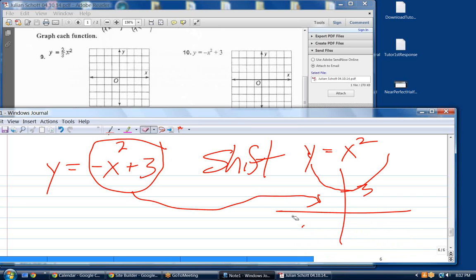I want the reflection first and then the shift, moving everything up so that the final curve rests above the x-axis there, not below it. So always do your reflection first. Of the 6 possible translations that can be done, 2 of them are reflections. Just make sure you do both of those before you do any shifts, shrinks, or stretches.